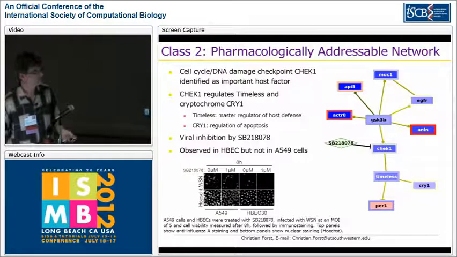You see nothing happens in 8 hours without and with administering of the inhibitor in the A549 cells, but in the HBAC cells, there you see some infected cells, and with a higher concentration of the drug, no influenza virus particles can be detected anymore.